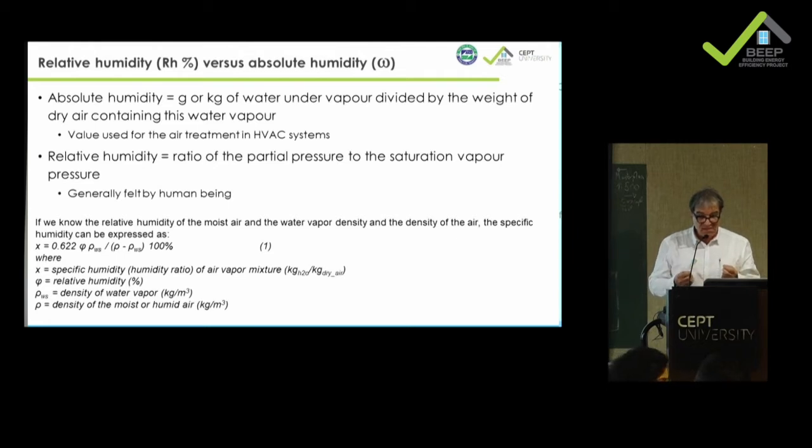The relative humidity is something that you feel, and it has no meaning in calculation because it varies with temperature, whereas the absolute humidity will be constant as long as you don't add or remove water vapor in the air. I think there is a relation between the absolute humidity and relative humidity, but it's not useful to go there because you don't need it for this.